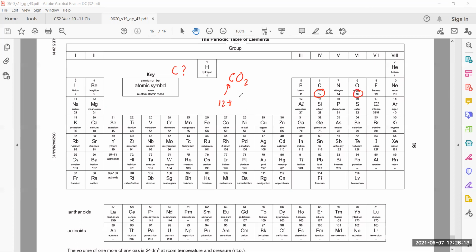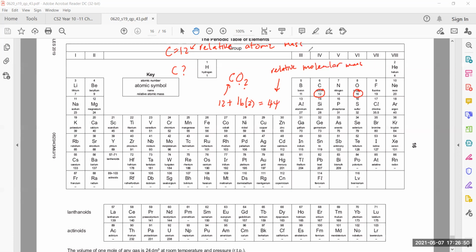Oxygen is 16, so plus 16. But you have to look carefully. There is 2 oxygen. So 16 times 2. So 12 plus 16 times 2 is 44. So if carbon 12 is called the relative atomic mass, then this is called the relative molecular mass.